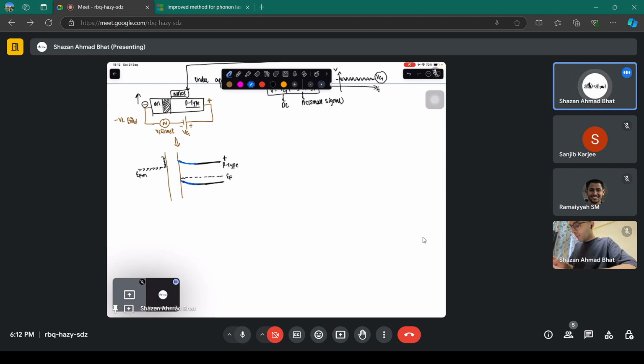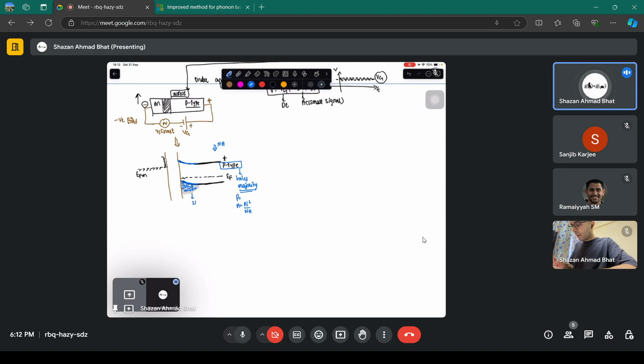And now because of this bending, holes get accumulated at this particular region. Remember, this is the p-type side, so here the holes are the majority carriers, and you can find the electron concentration as ni squared divided by Na, because this side is doped with Na. These are the holes which get accumulated at this region.